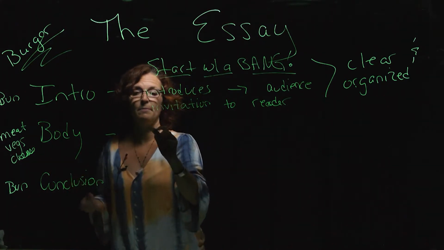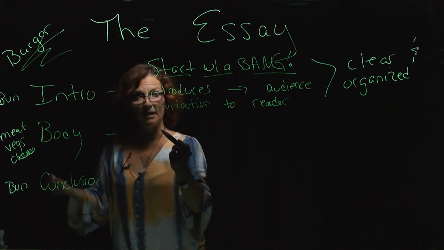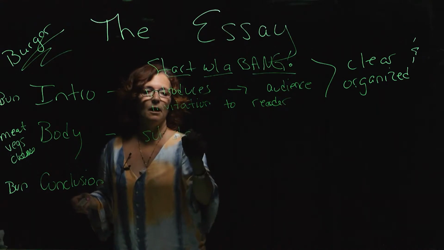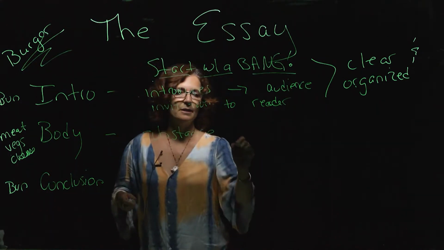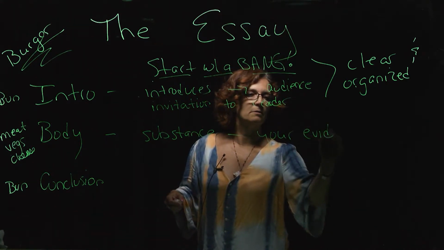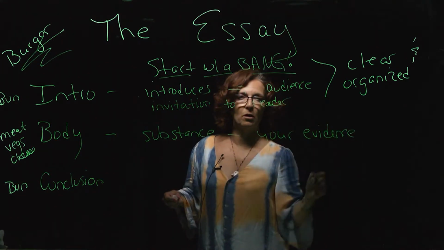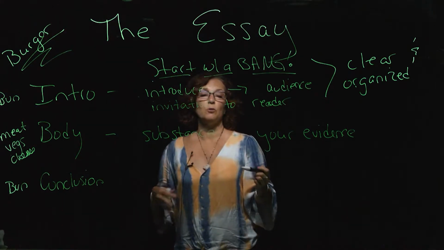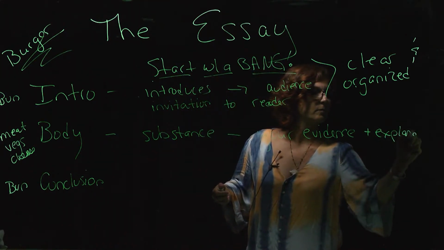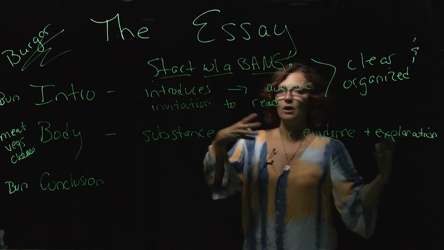So in your body, this is where you're actually doing the paper. You're actually writing the paper. So this is the meat and the potatoes. This is the substance of your paper. This is your evidence. This is your facts, your analogies, your explanation. This is where it all unfolds.